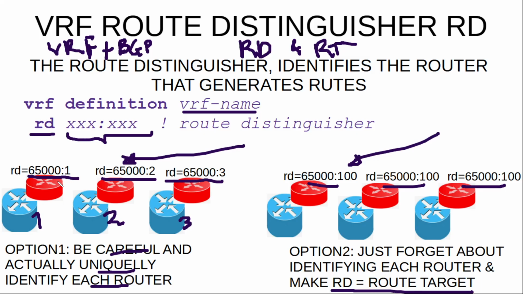But other network designers say, you know what, I don't want to go into that hassle. It doesn't provide too many advantages, and I am going to use this rule: route distinguisher is going to be equal to route target. And you can save a lot of human effort by taking that decision.